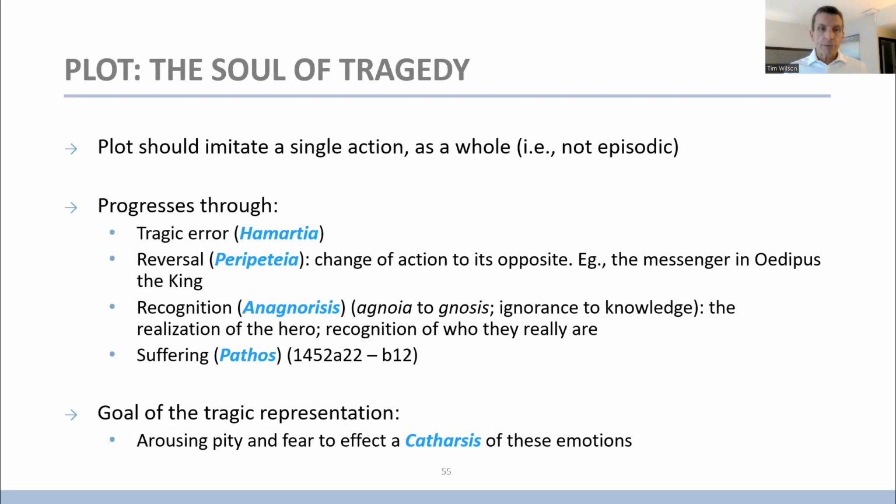So the goal of the tragic representation is arousing pity and fear to the effect of a catharsis of these emotions. So we mentioned that before.